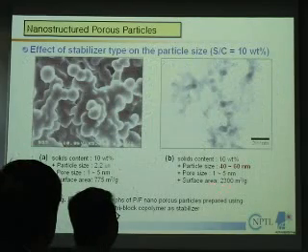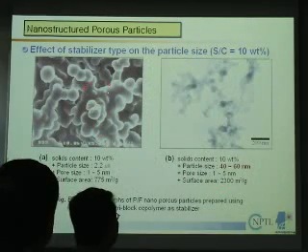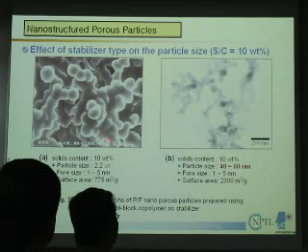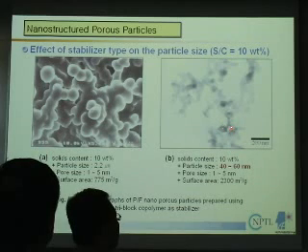And this one is very important. The first approach made 2.2 micron particles, and then we changed the subsequent system. Now we end up with a final particle size of about 50 nanometers.